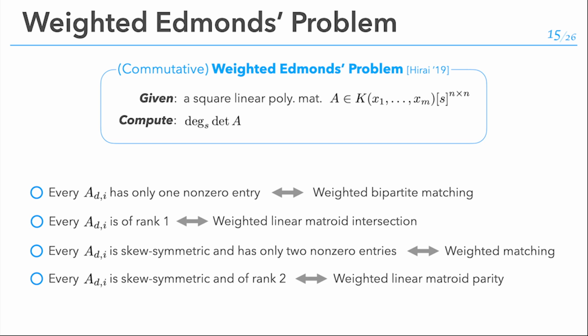So for example, if every coefficient matrix has only one non-zero entry, then the weighted Edmonds problem corresponds to the weighted bipartite matching, and so on. So, this is a simple extension of the correspondence between the Edmonds problem and the combinatorial optimization problem in the unweighted case to our weighted case.